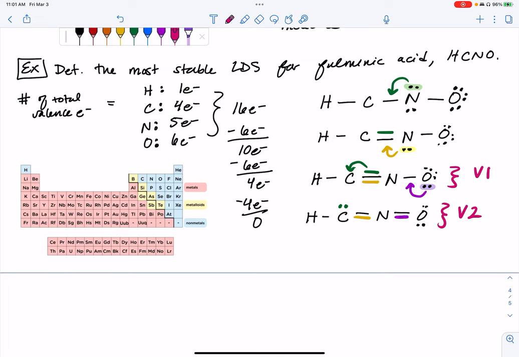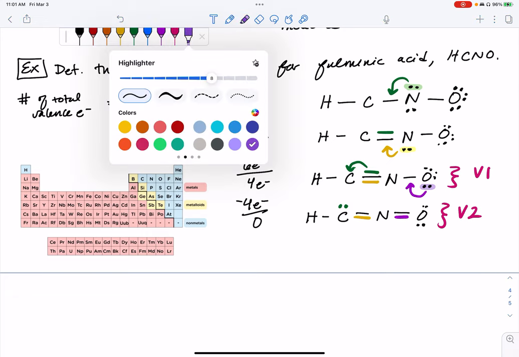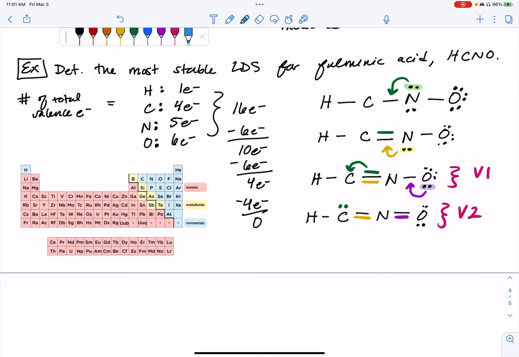Is there another way that I could do this? Let's find out. So looking around, I've already messed with my nitrogen lone pairs being moved and the nitrogen bonding pairs even being moved.